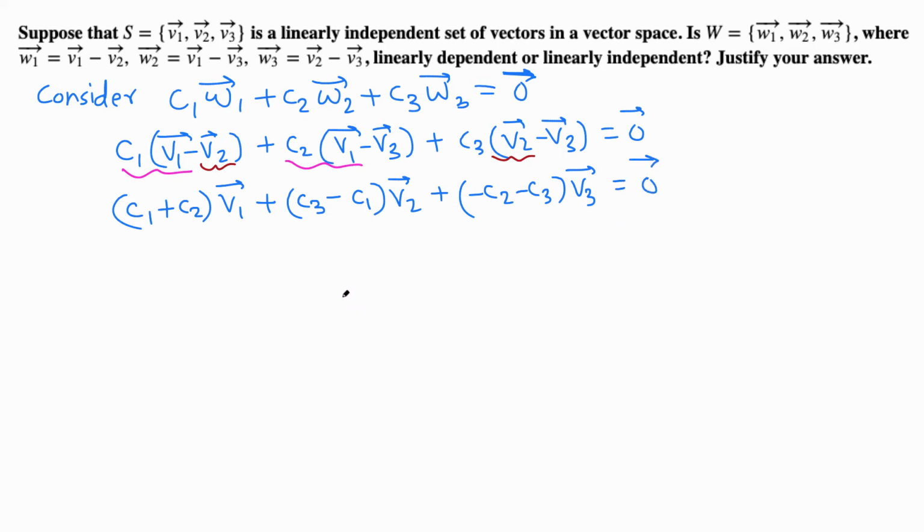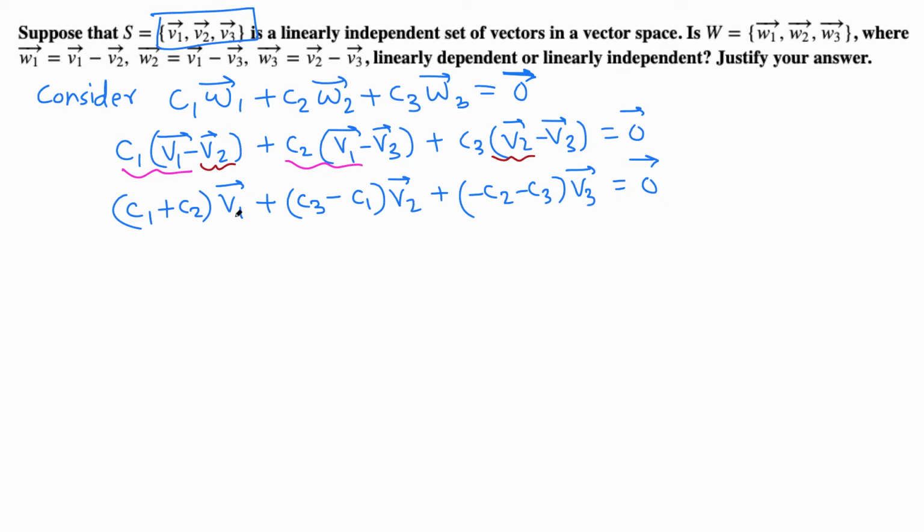Okay, so we arrived at this stage, and it's given that v1, v2 and v3 are linearly independent. That means when we have a linear combination of these going to 0, then the constants should be 0. Look here: some constant v1 plus some constant v2 plus some constant v3 equals 0.